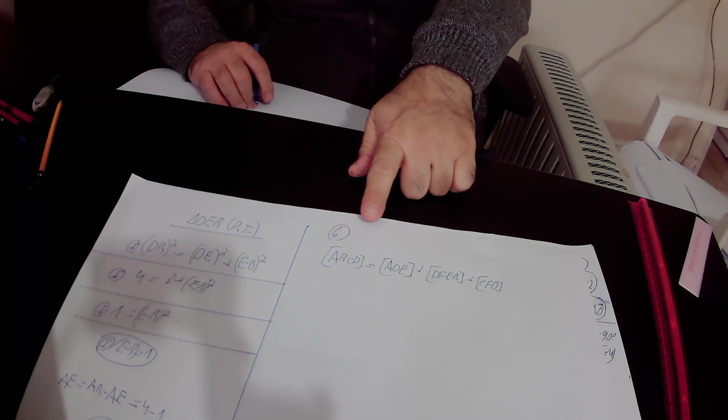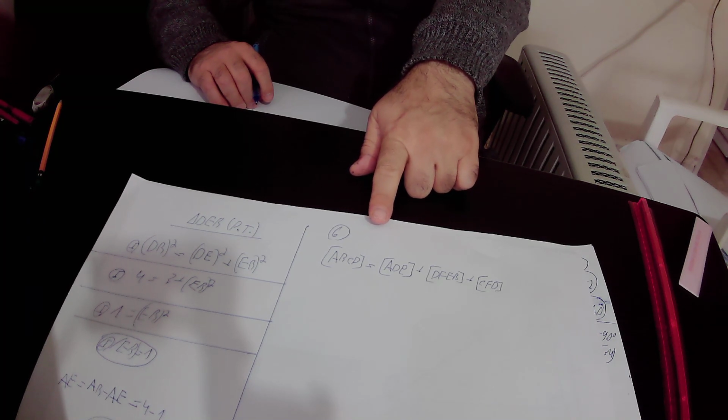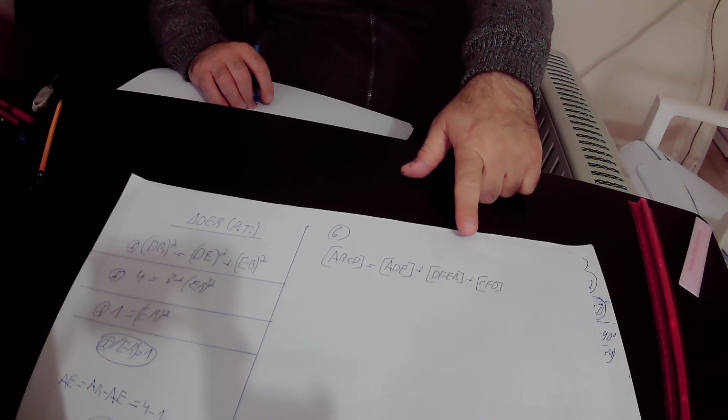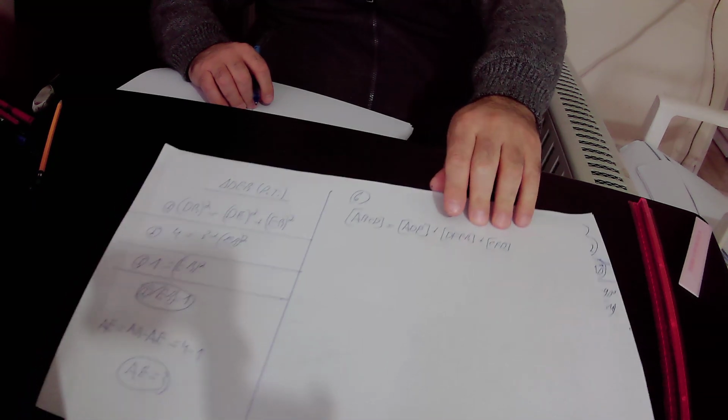The squared brackets are the sign for the area. It means the area of quadrilateral ABCD equals the area of triangle ADE plus the area of rectangle DFEB plus the area of the right triangle CFD.